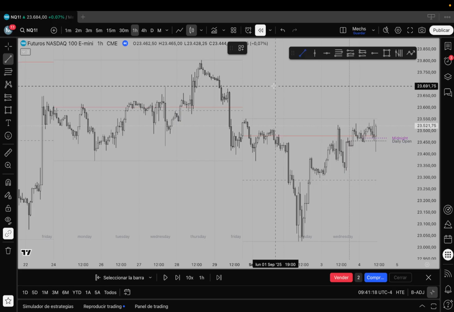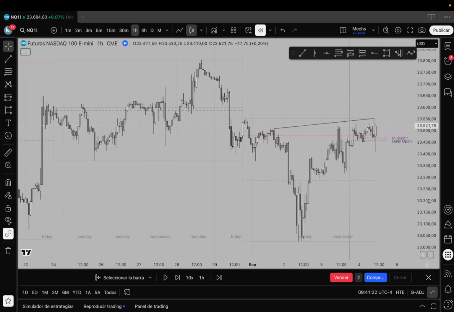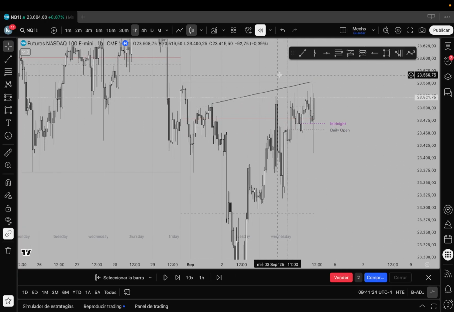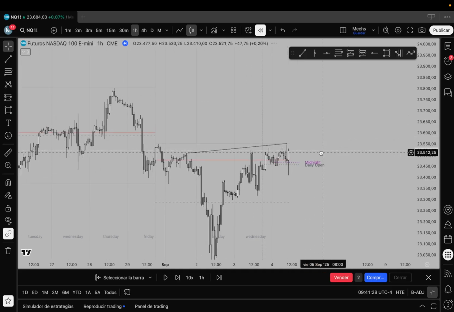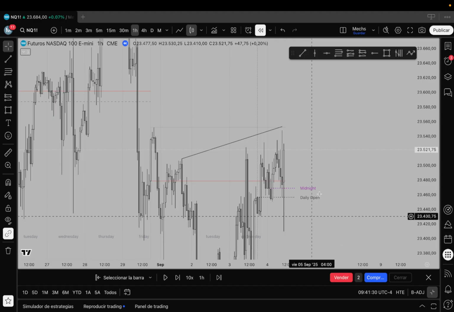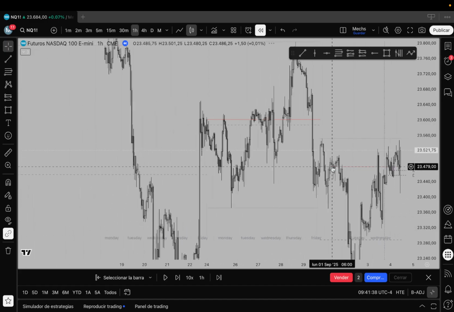Yeah, here it is. Okay, yes. Sorry, Nasdaq took this high and the other one didn't. So yeah, that's a perfect A plus setup. That's it. I'm gonna explain more and do more examples right now.